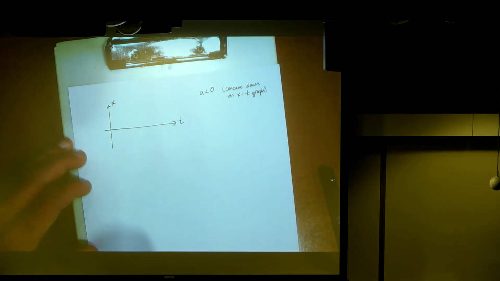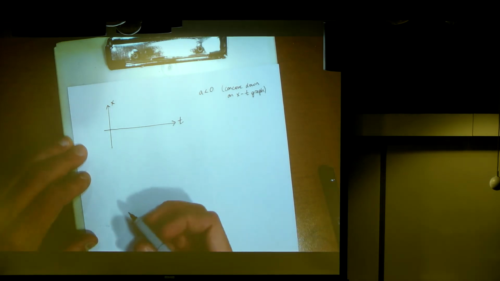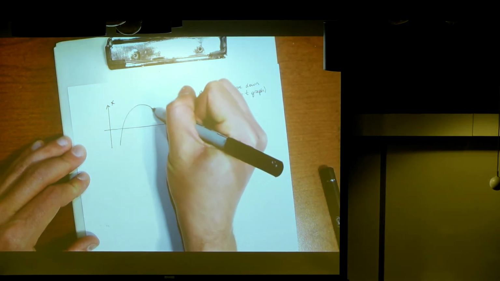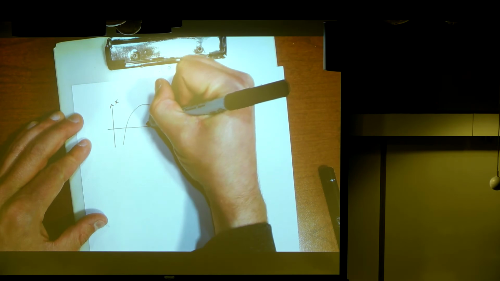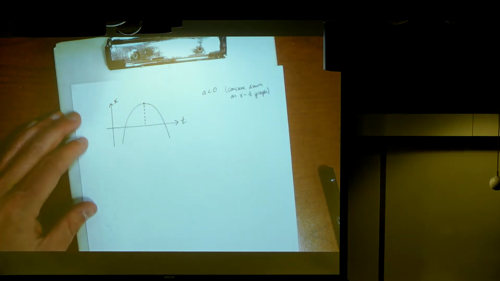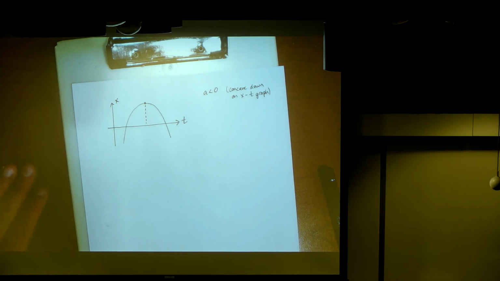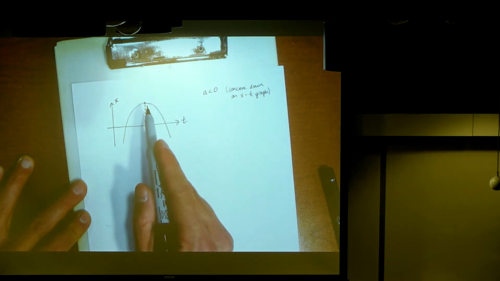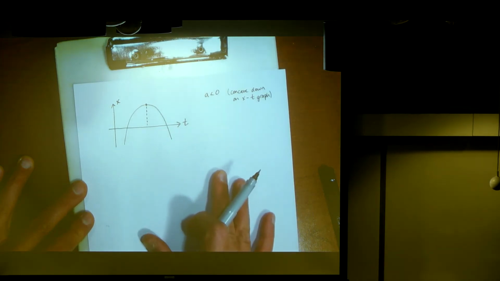Okay, so I'm just going to draw something that's concave down. That's negative acceleration. So it's kind of like an upside down parabola, right? And I'm going to just mark right here where the peak of that parabola is located, okay? So I just want us to look at what's going on before we hit the peak of the parabola, and what's going on after, okay?